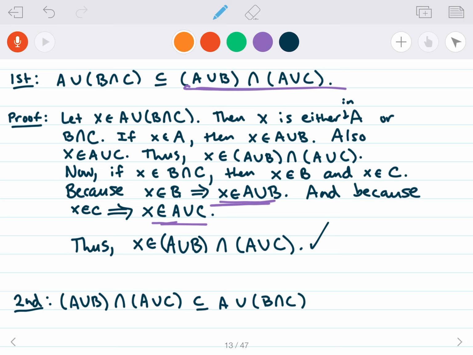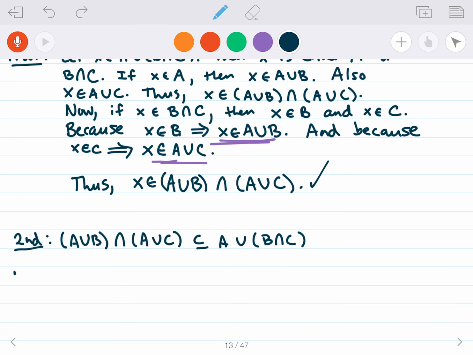Okay, so the idea is the same. We're going to start with something over on this side, and we're going to show that it ends up over on this side. Okay, so we're going to let our element X be in the set (A union B) intersect (A union C). And we want to say, what does that mean?